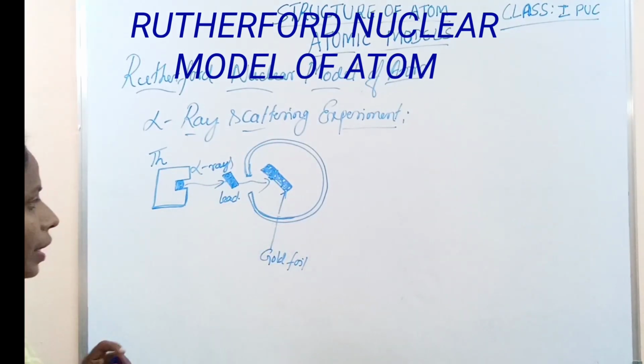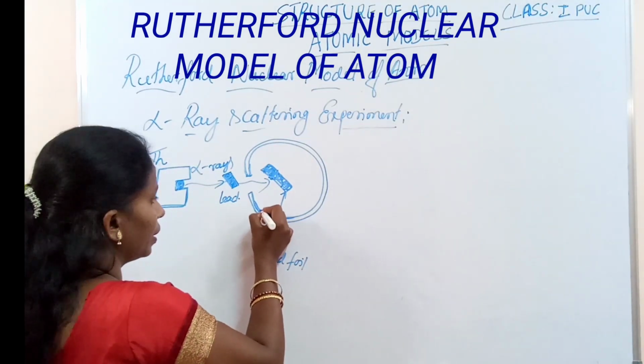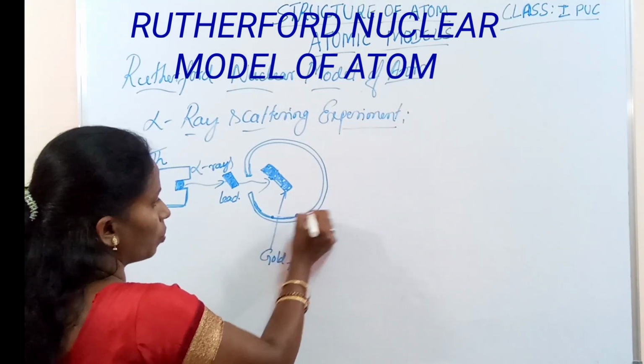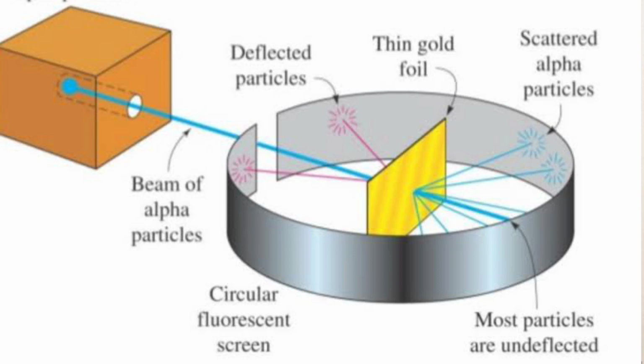When alpha rays fall on the fluorescent material, they form bright spots, indicating the presence of alpha particles. So to identify the presence of alpha particles, they keep a fluorescent screen. Generally, they use sheets of zinc sulfide, ZnS.